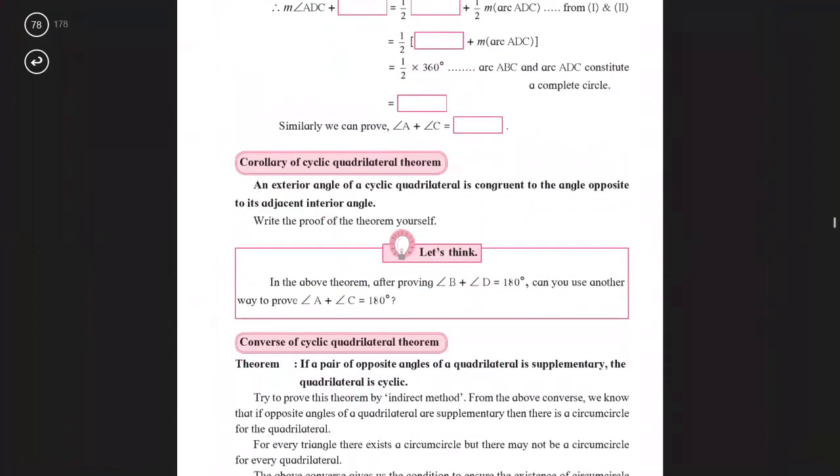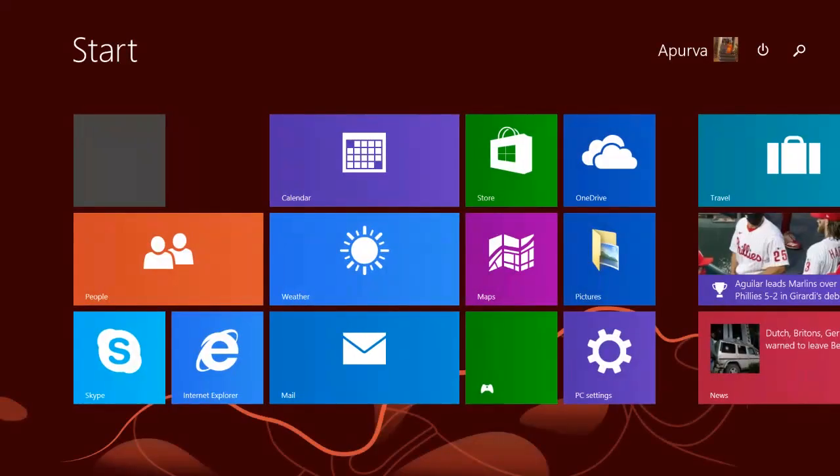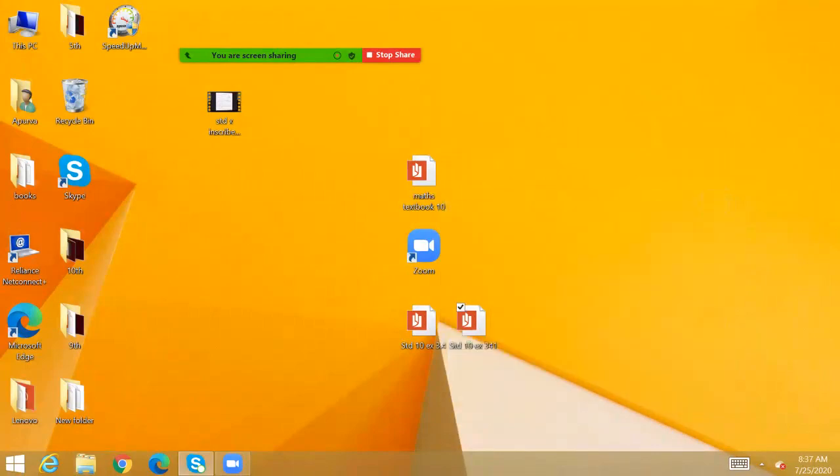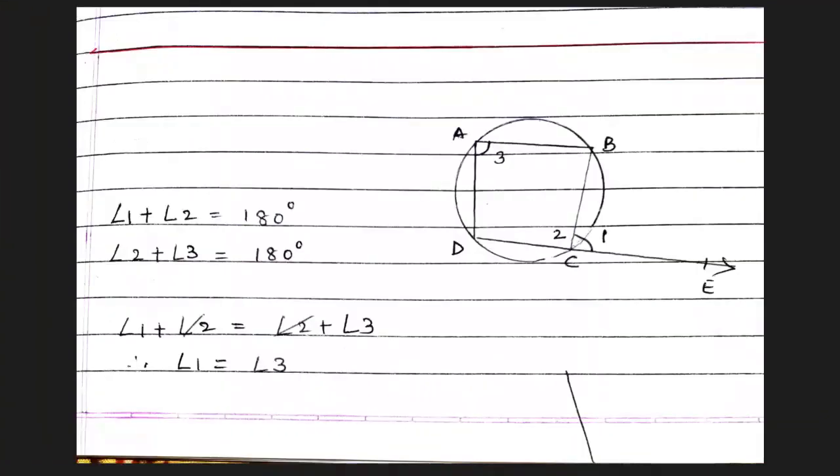This was the corollary. An exterior angle of a cyclic quadrilateral is congruent to the angle opposite to its adjacent interior angle. Now, this is how it needs to be proved. This is a cyclic quadrilateral ABCD.